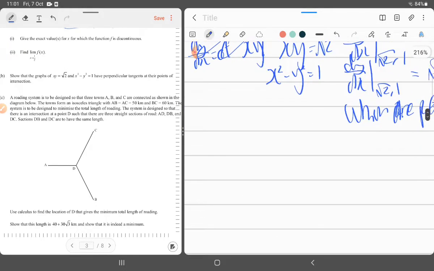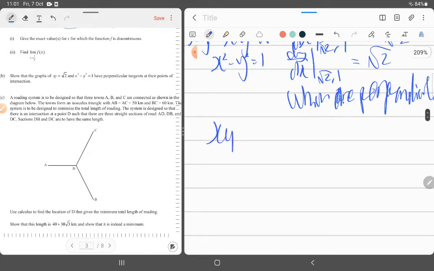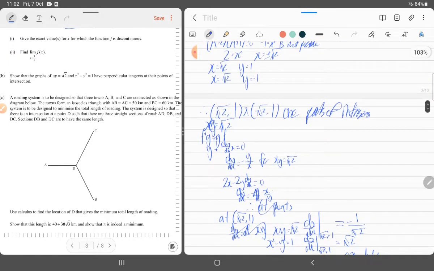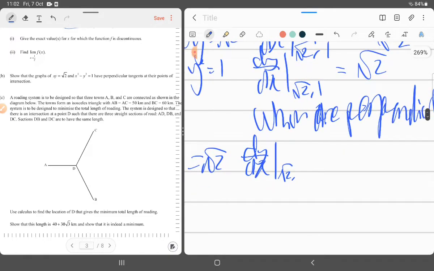Then yeah, if we just test the other two possibilities, xy equals square root of 2, dy over dx at square root of 2. No, it wasn't negative square root of 2 actually. Wait. Negative square root of 2, negative 1.